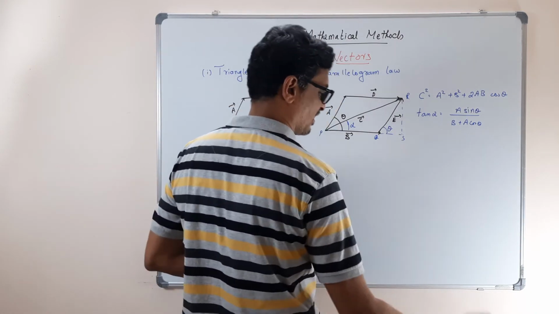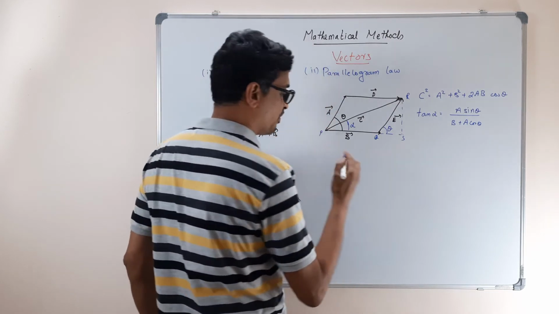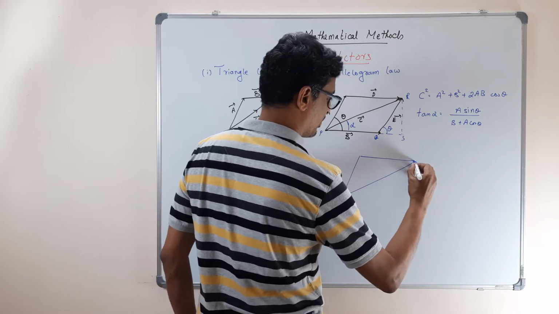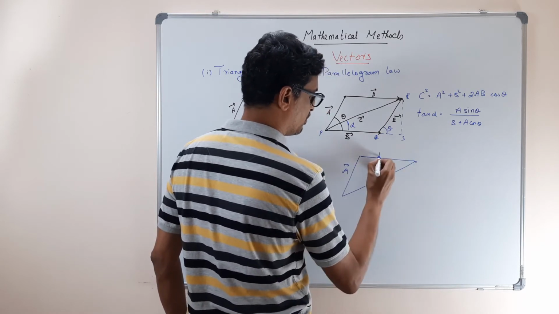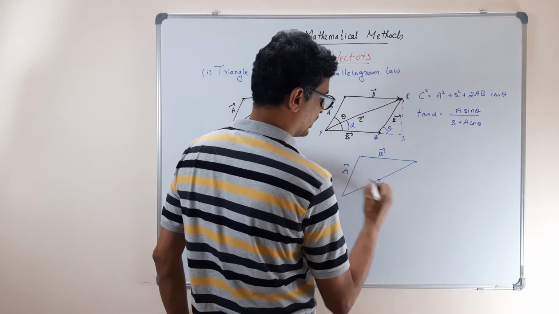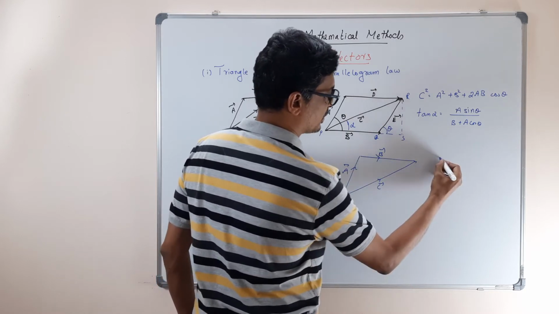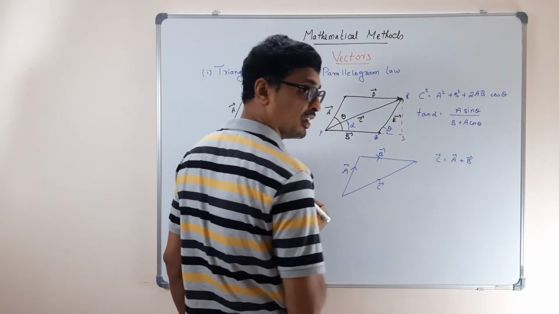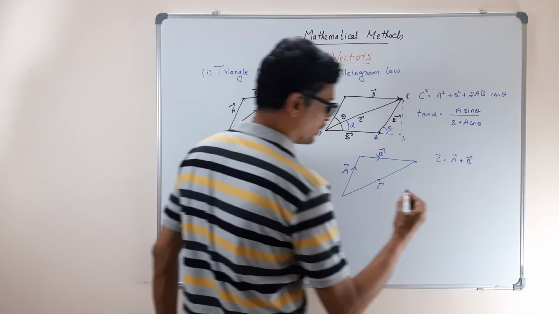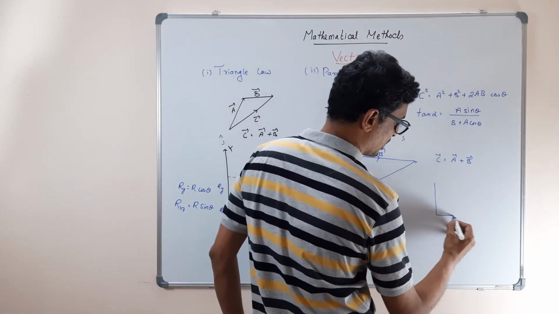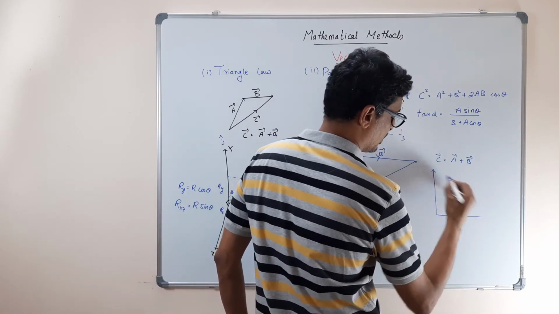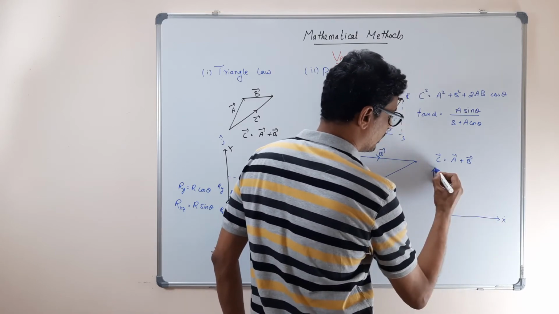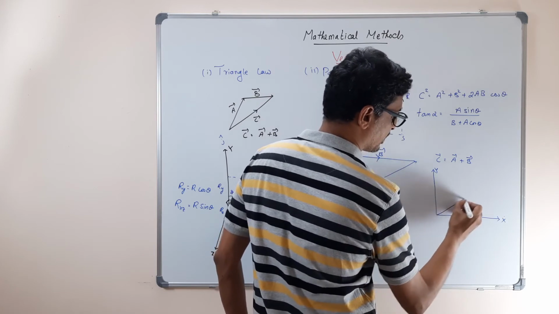How do you resolve a vector? Triangle law. Vector A, vector B, vector C, correct? Vector C equals vector A plus vector B. Now I am giving you two vectors. This is Ax, and this is Ay, I am giving you a vector.